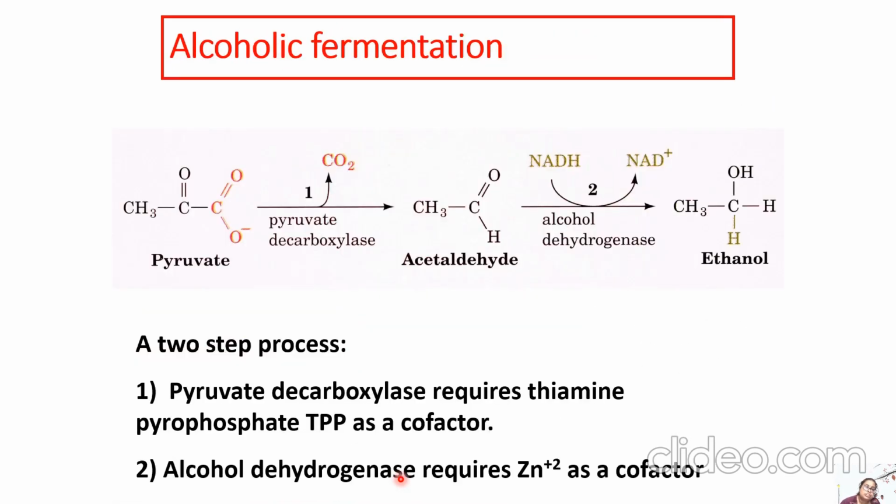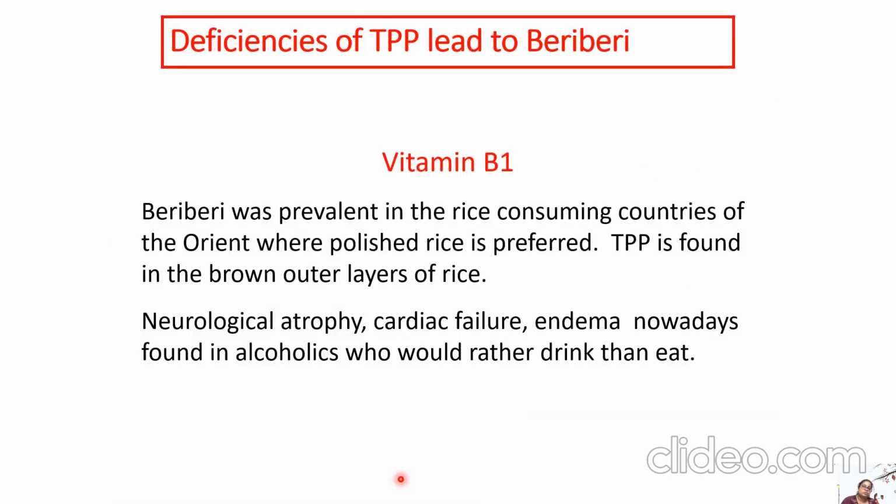What can deficiency of thiamine pyrophosphate cause? It can lead to beriberi. Beriberi is prevalent in rice consuming countries of the Orient where polished rice is preferred. TPP is found in the brown outer layers of rice. Deficiency can cause neurological atrophy, cardiac failure, and edema, and nowadays is found in alcoholics who would rather drink than eat.